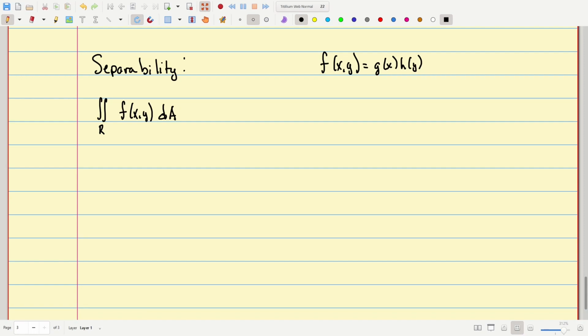So I can write it as a function that depends only on x times a function that depends only on y. If I can do this, then if I have an iterated integral, what I'm allowed to do is write this integral as a product of the single integrals.